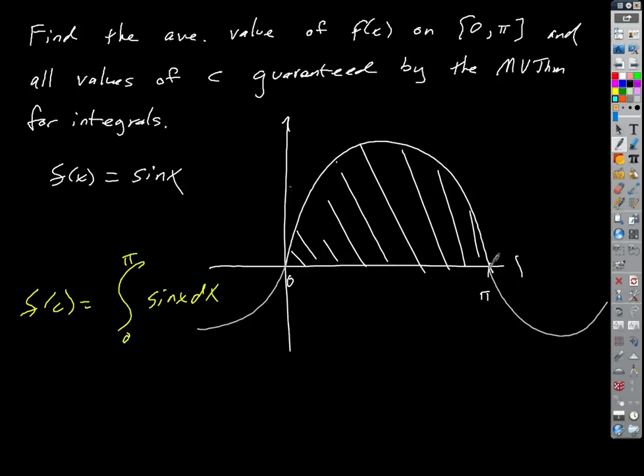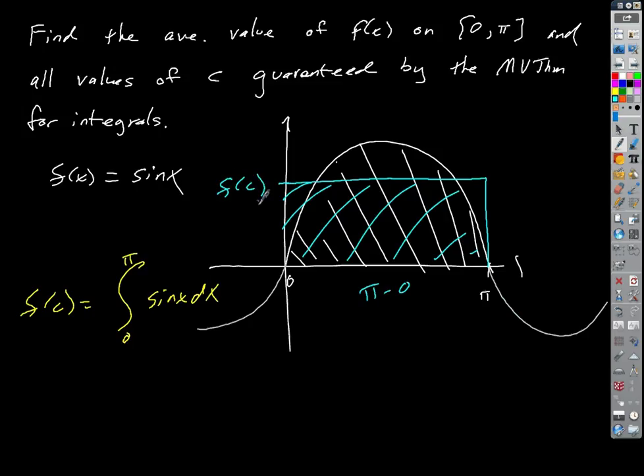So all we're going to do then is reconfigure this into a rectangle instead. Right? The width is going to be the same width. The width is just going to be pi minus 0, or pi. But the height is going to be f of c, right? So we know the blue area equals the white area. Okay?